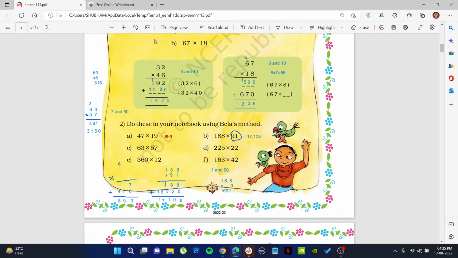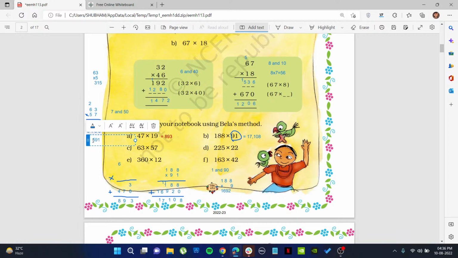So on adding them together, we will get 0 add 1 gives us 1. 0 add 1 gives us 1. 5 add 4 gives us 9. 1 add 4 gives us 5.